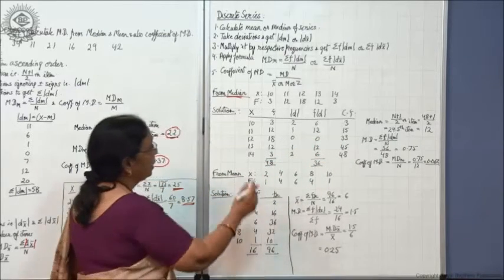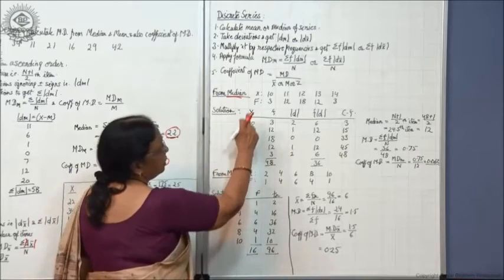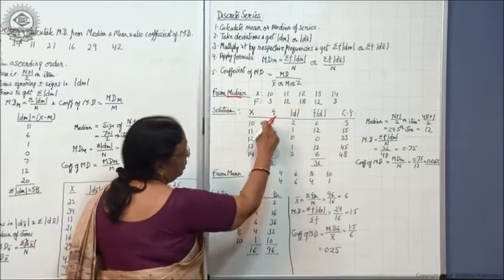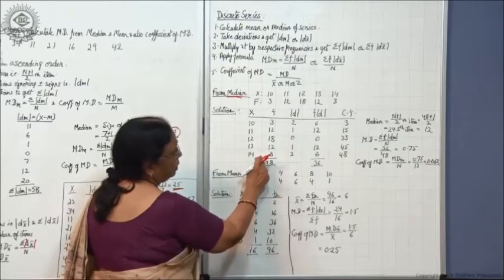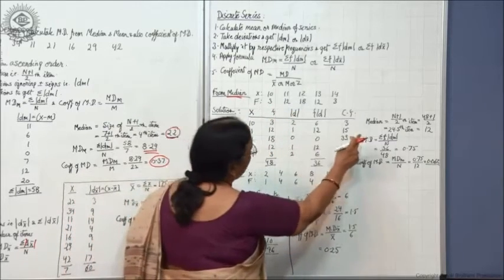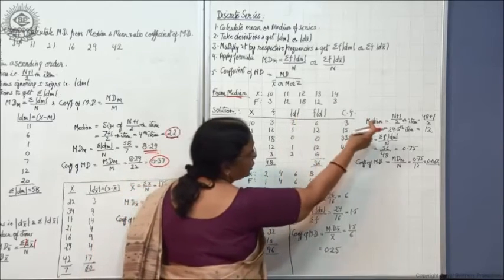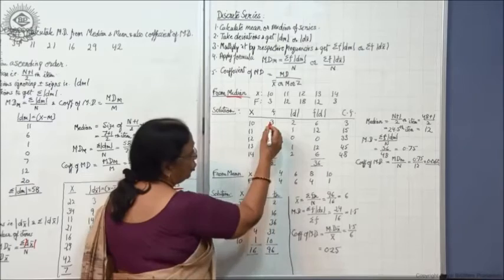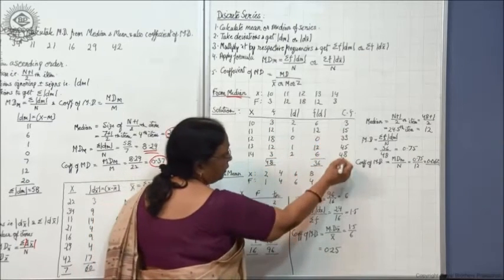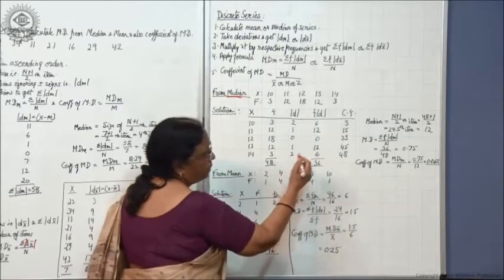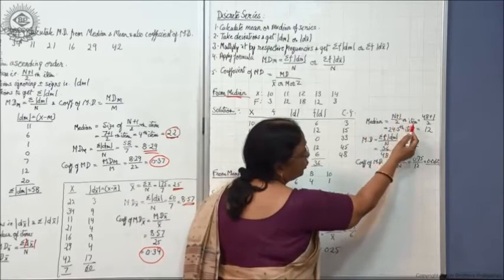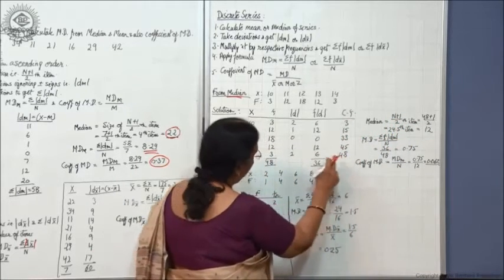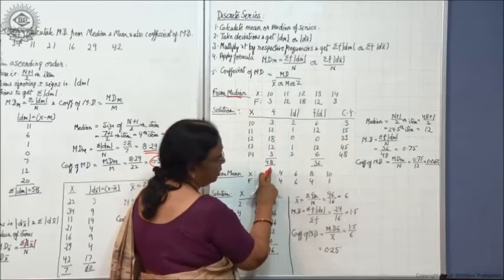Now, in the first column x you have noted down the values, and f in the same order. First you have to calculate the median, then you get the deviations. So for the median you will calculate CF, and the median is the (n plus 1) upon 2th item. The total of the f column is 48.